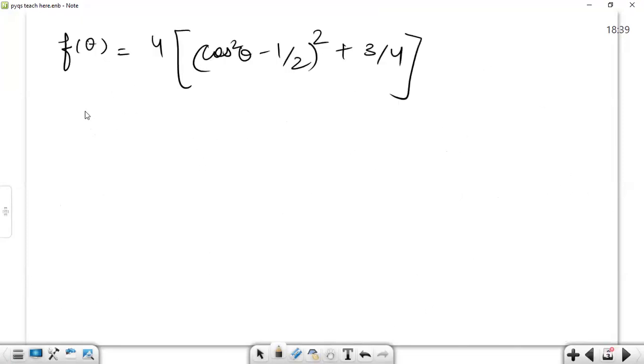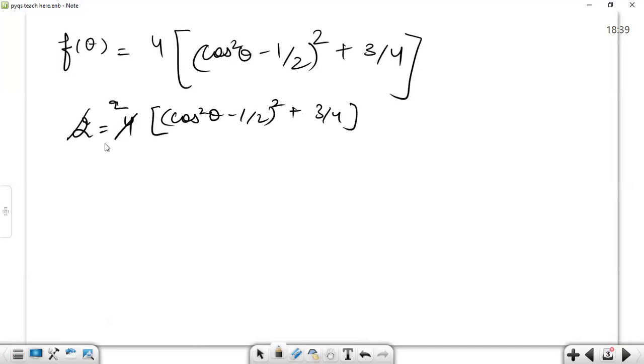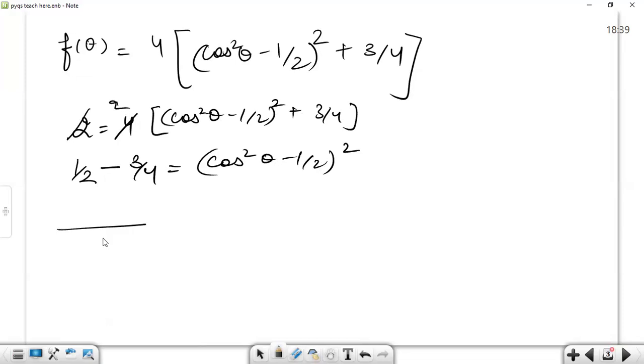Let's check. It is given as 2. 4 into cos square theta minus half whole square plus 3 by 4. So it cancels this by 2, becomes half, and then further 3 by 4 gets subtracted: cos square theta minus half whole square. And now 2 minus 3 by 4 is equal to cos square theta minus half whole square.